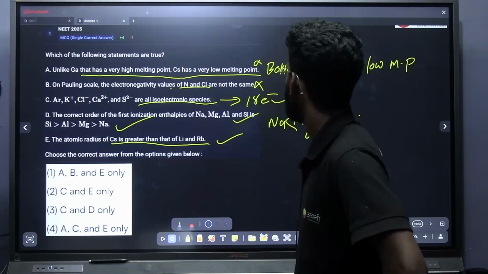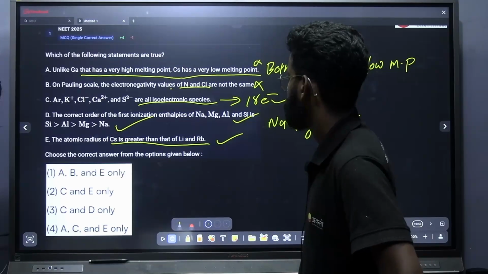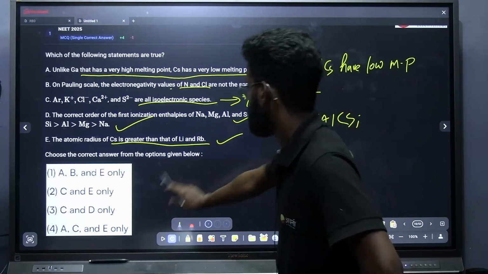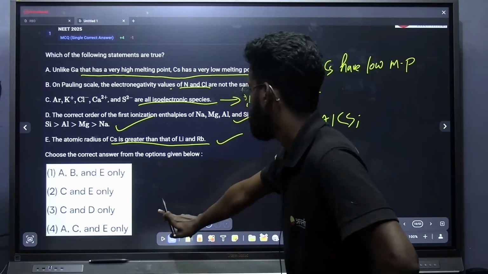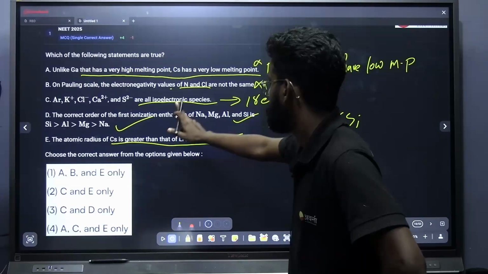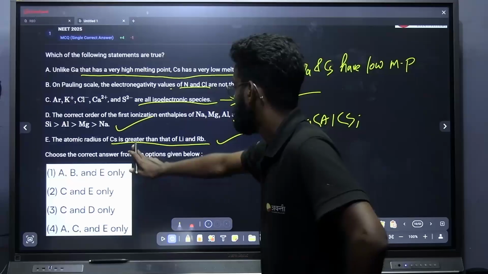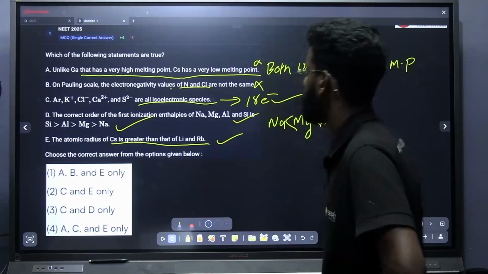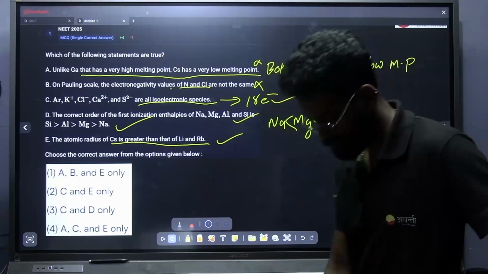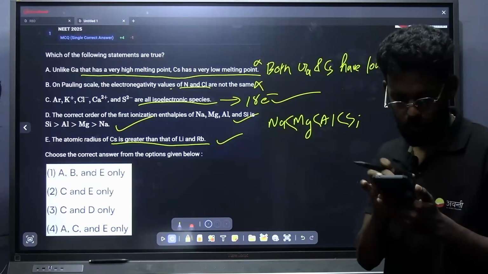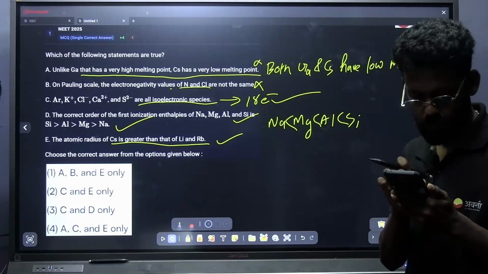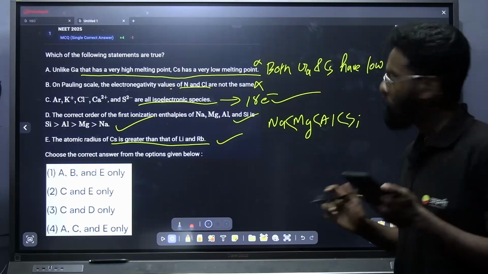No, sir. I think there is some mistake in the option. D is correct. C is correct. Option E. Cesium has an atomic radius greater than rubidium. I think the options given are wrong. The first one is false.